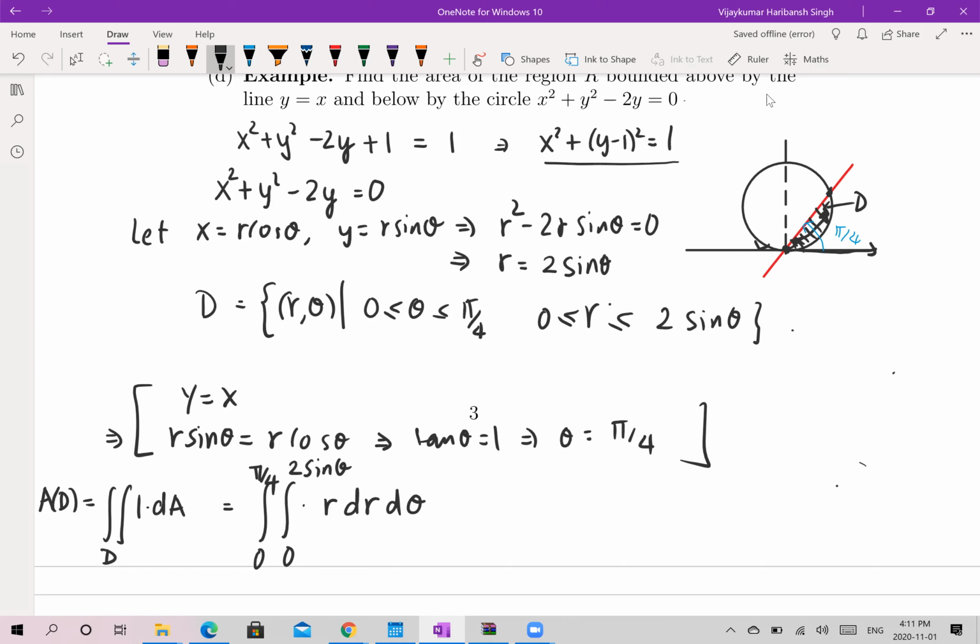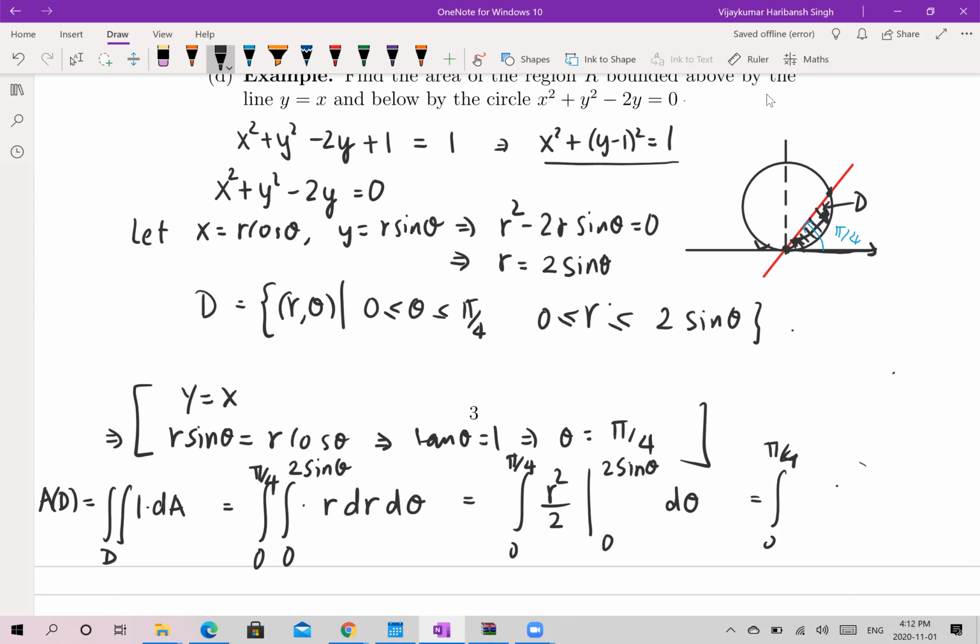So we get, this is going to be again r squared by 2. This is the integral r squared by 2, 0 to 2 sine theta. And then whatever you get, you integrate with respect to theta. So now this is r squared by 2, from 0 to pi by 4.